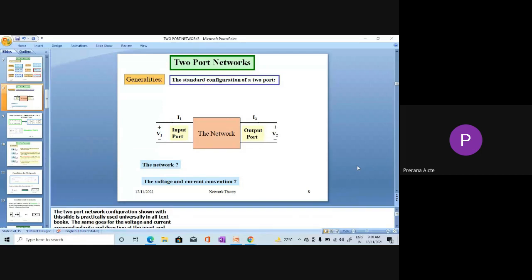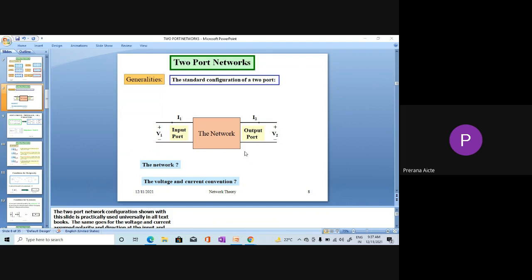So, a generalized two-port network here. We are seeing on the screen a two-port network consisting of input voltage V1 and input current I1, and the output port consisting of output voltage V2 and the current at port 2, I2. By this, what we are going to understand is that every network, every electric circuit, has some inputs and some outputs.